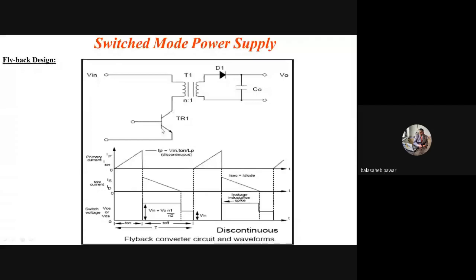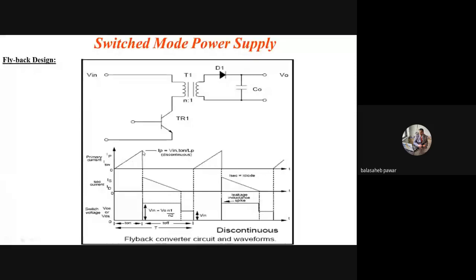Similarly, the current gets induced in the secondary, and again its rate of change is decided by L di/dt of the secondary winding of that transformer. The same waveforms are shown. You will observe that the primary current rises from 0 to its peak whenever the switch is in the on state. That means whenever the transistor turns on, the current in the primary of the high frequency transformer rises from 0 to its peak value.